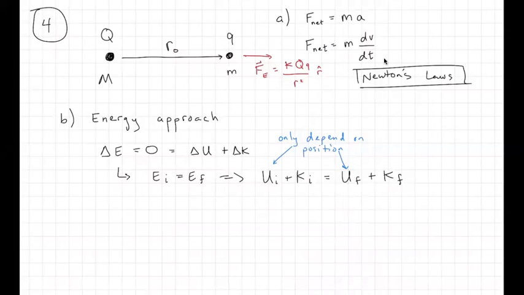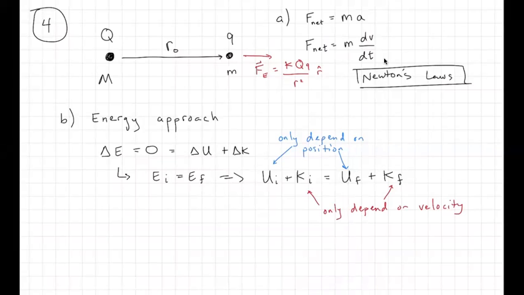And the kinetic energy only depends on velocity. So if we're interested in figuring out how the velocity depends on position, this is a relationship that'll tell us something about that. So this general approach will get us where we need to go, which is kind of nice.